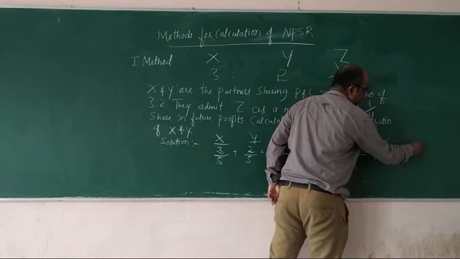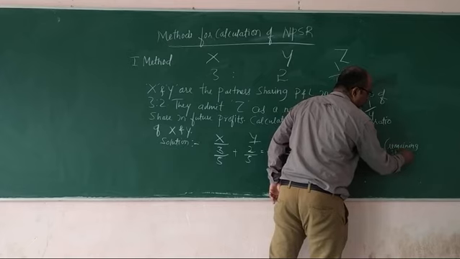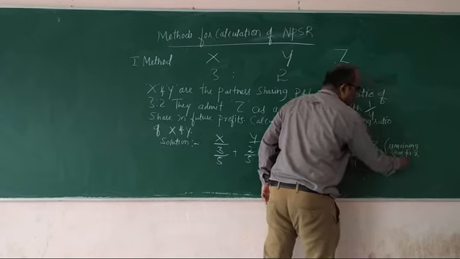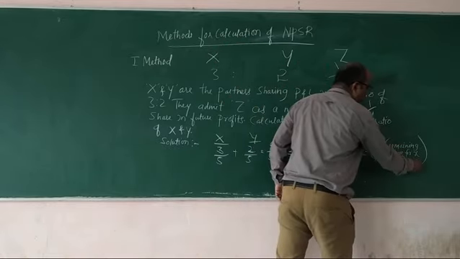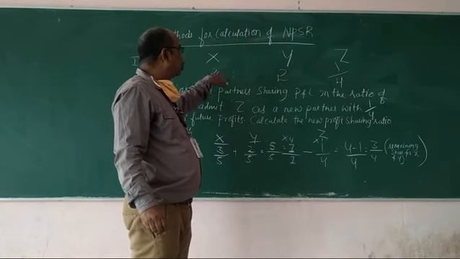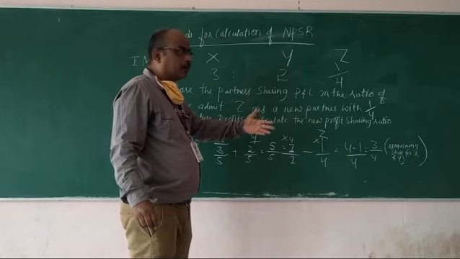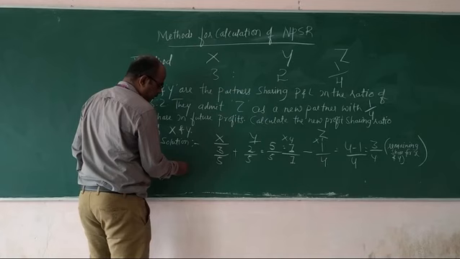Remaining share for X and Y. Now the remaining share for X and Y is how much? 3/4. Before they used to share the profits and losses in the ratio of 3:2. Now after giving a certain part to Z, the new profit sharing ratio will be as follows.